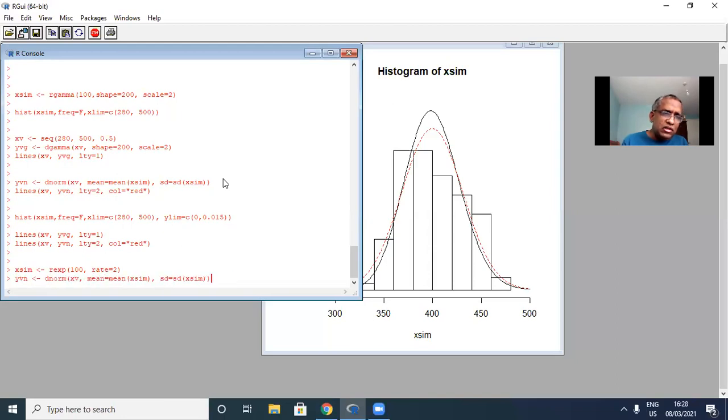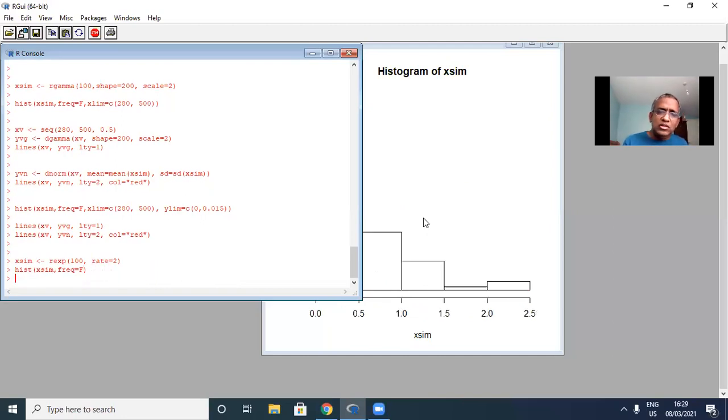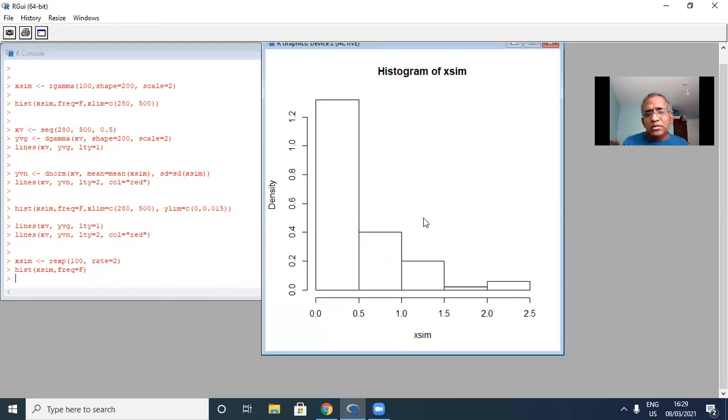So I use the hist command with frequency equal to f, and this is what you get. Now, if you look at this, the x-axis goes from 0 to 2.5.